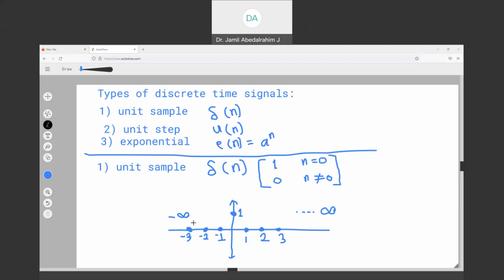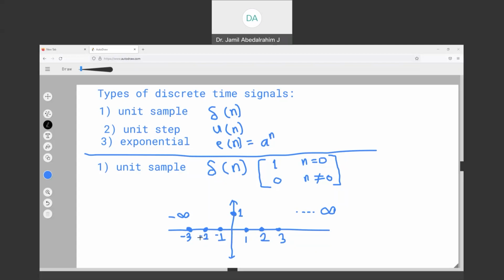Okay? So when we need to draw a signal for unit sample, it will be like this. Look here. Only when n is 0, the signal has a value, which is 1. 1 means the amplitude of the signal, okay? But when n does not equal 0, in the positive or in the negative part, the value of the signal is 0.